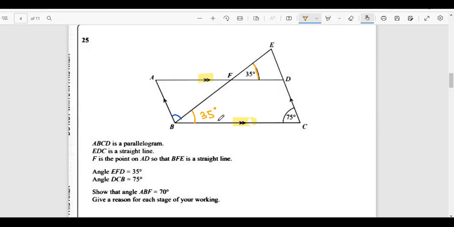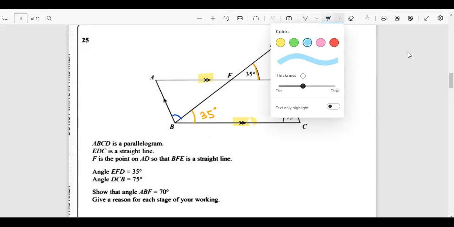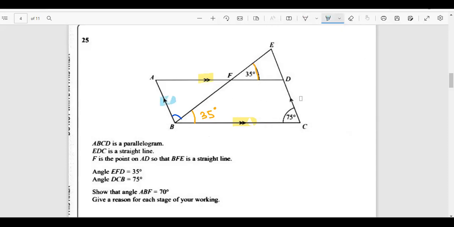So now, again, we are going to use the idea of two parallel lines. So AB and DC, they are also parallel. And if we talk about the sum of interior angles, this purple angle plus this 75 should be equal to 180 degrees, okay?